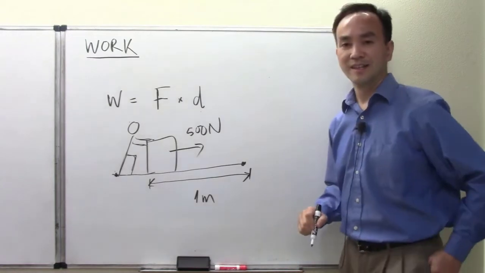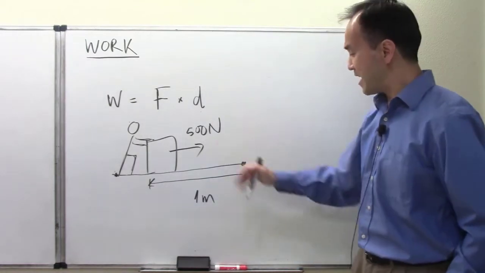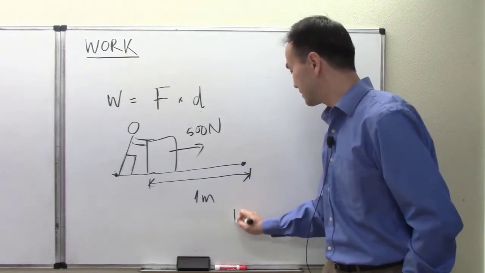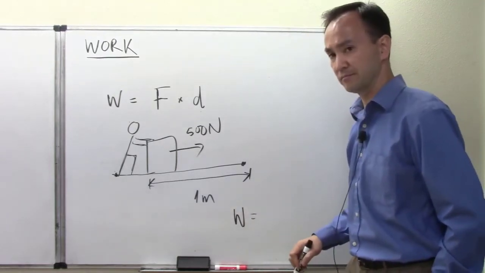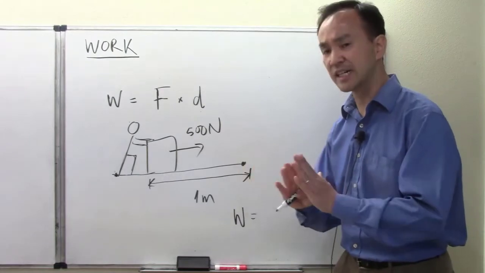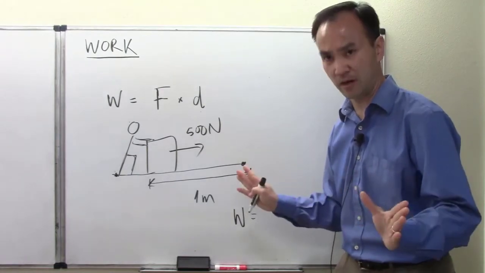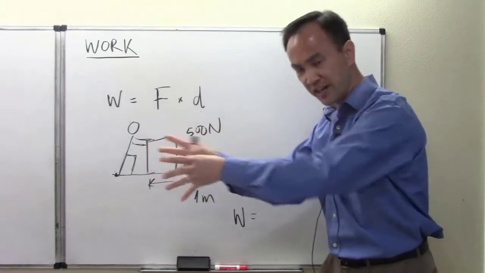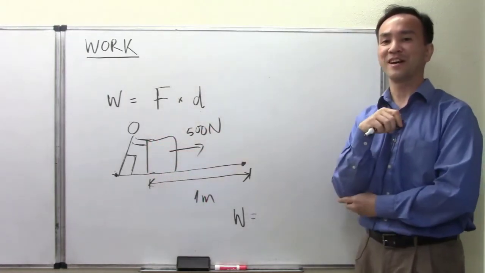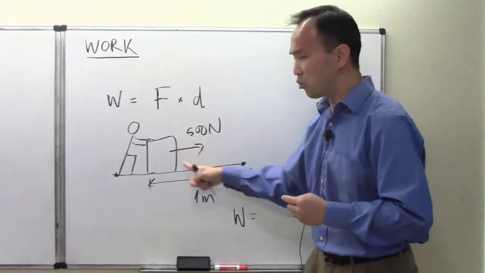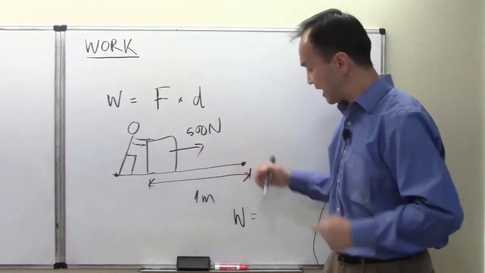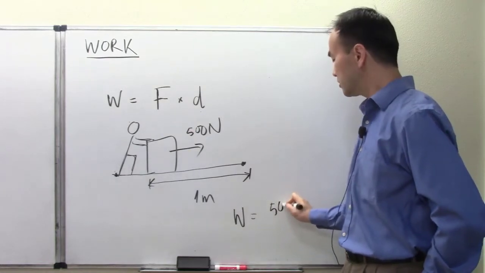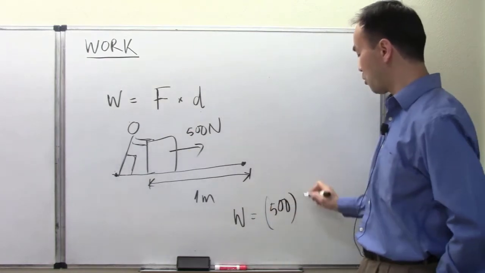All right, and so now the total work amount that he has done, so work is another form of energy, how much energy he spent pushing that object like that, is going to be calculated in quantity as 500 newtons, but pushing that all along 1 meter.